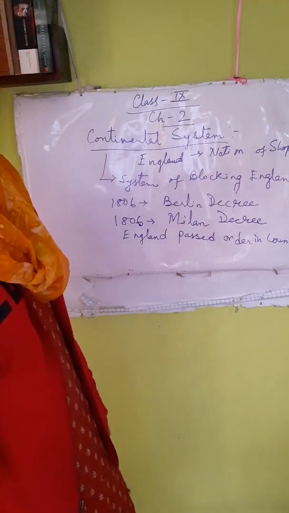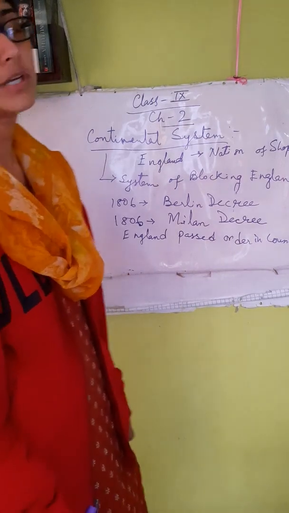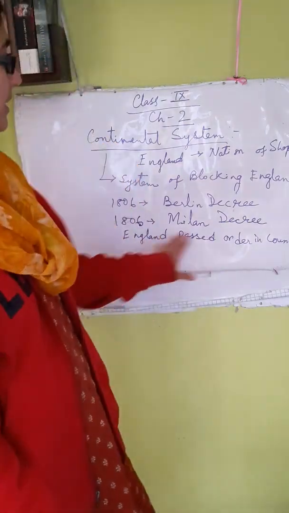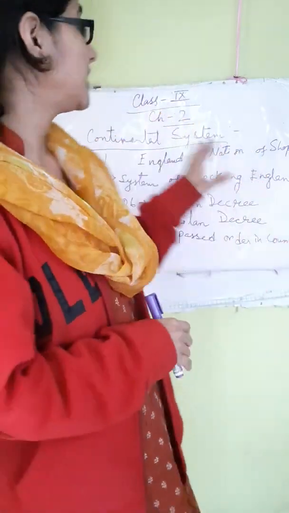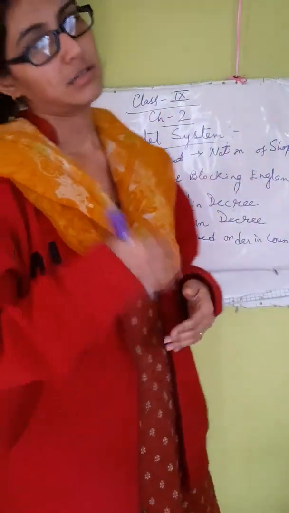As England was a very powerful country and not dependent on anybody, England passed the Order in Council, by which they blocked the entire coast of Europe. In this situation, one by one, all the countries started breaking the Continental System and started making economic relations with England, and they broke their relation with Napoleon Bonaparte.